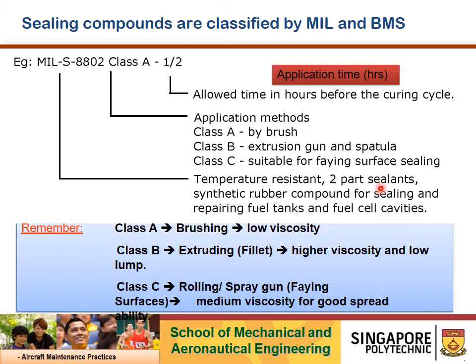Sealing compounds are classified by MIL and BMS. This is a typical part number for a two-part sealant, MIL-S-8802 class A-hard. So what does this mean?